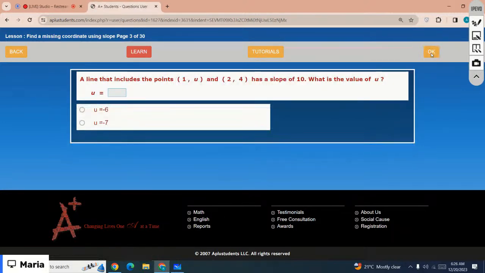Okay, the next one is a line that includes the points 1, u and 2, 4 and has a slope of 10. What is the value of u? You need to calculate the missing coordinate. How do you calculate? Which is the correct option?